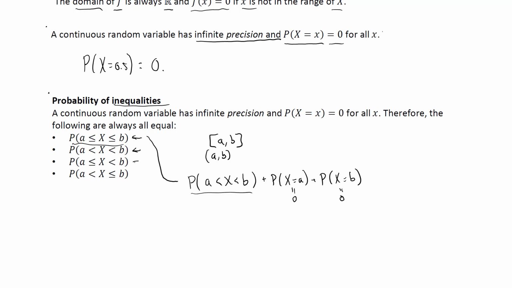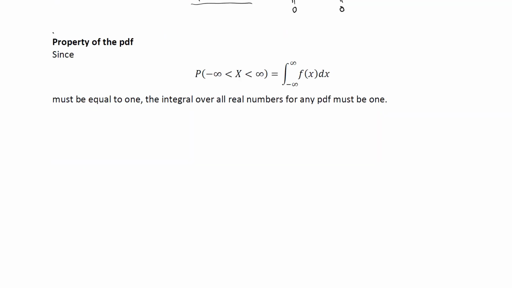You will also get the same result if you have a strict inequality on one side and a non-strict on the other side. So for continuous random variables, it doesn't make any difference if you use a less than sign or a less than or equal to sign. For any continuous random variable X, its probability density function must satisfy one condition.